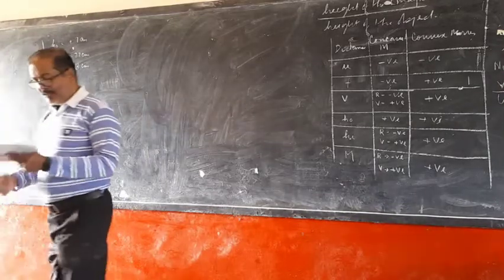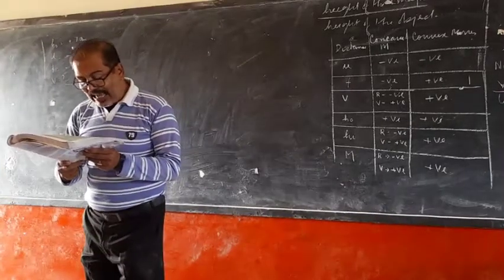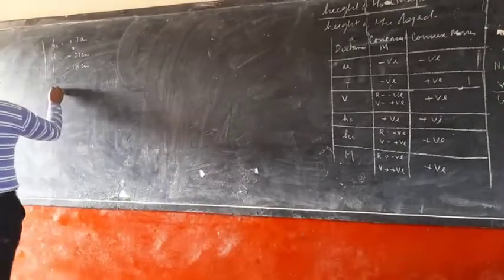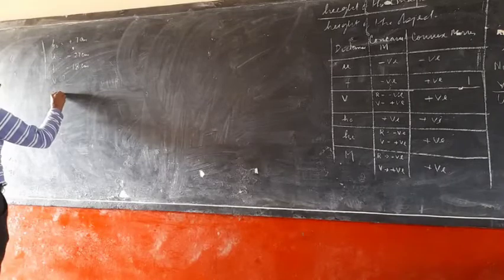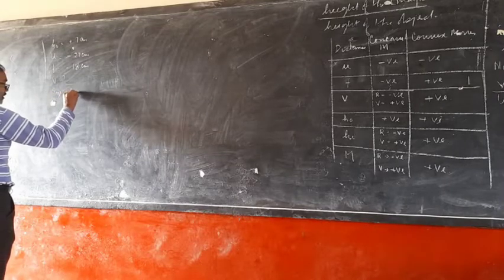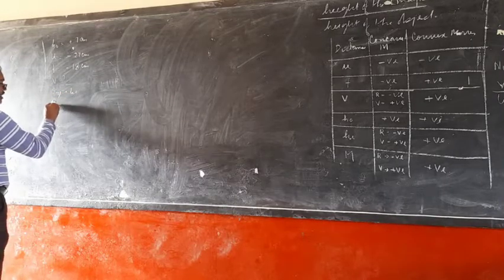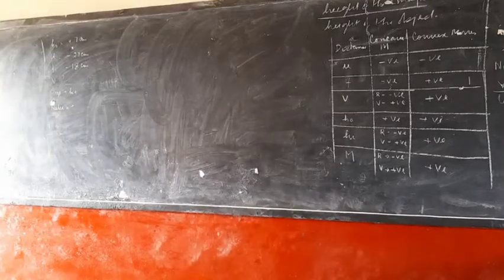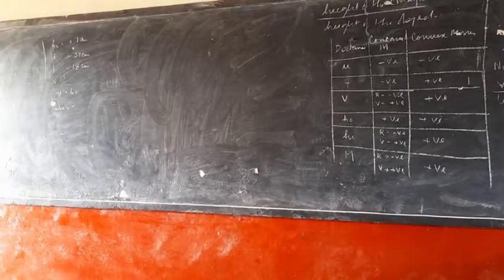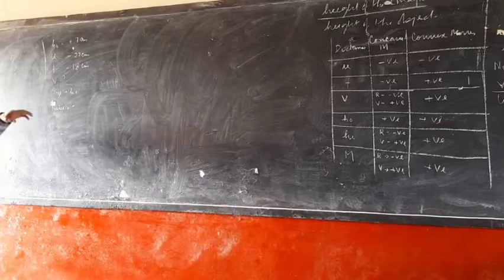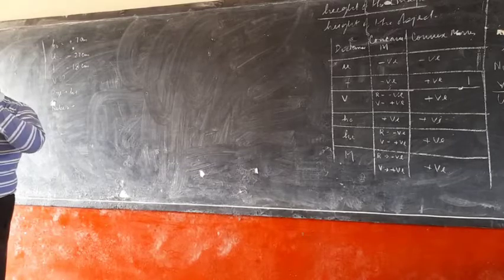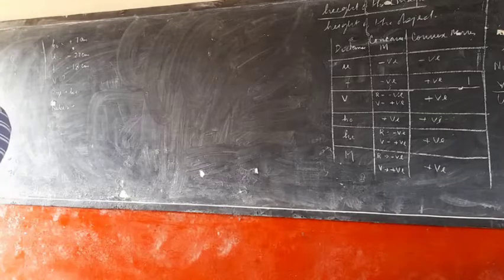Second, find the size and nature of the image. We have to find the height of the image and the nature of the image, whether it is real or inverted. Is it clear?